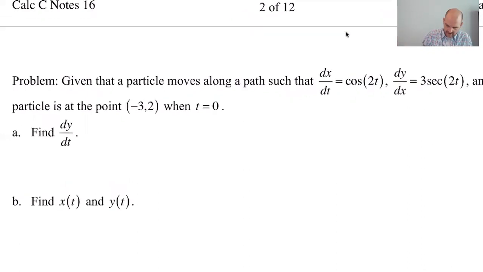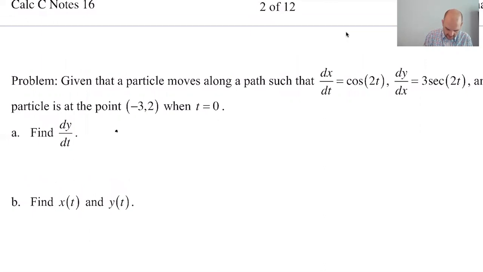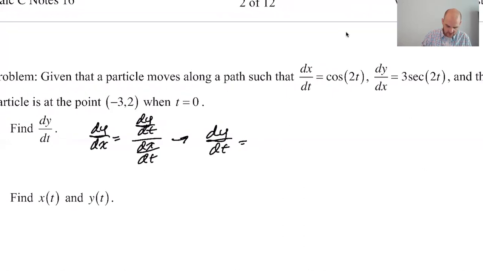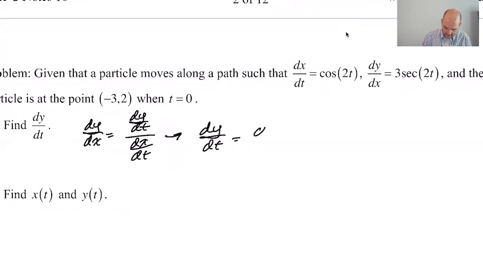All right, so I want dy/dt. Well, I have dy/dx, and that should be dy/dt over dx/dt. So dy/dt should be dy/dx times dx/dt.